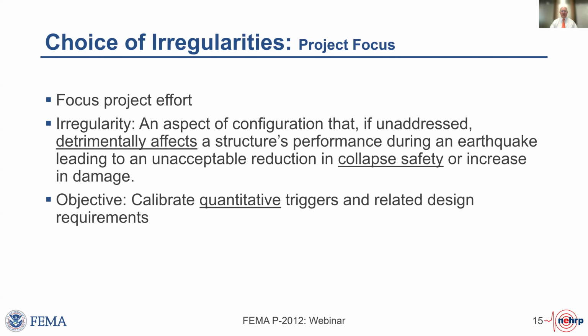We do include increase in damage as a concern. That's a reality, that's practical, but the higher priority is to try to address collapse safety. And so that meant that the ATC 123 project that led to FEMA P-2012 now had our focus of issues.